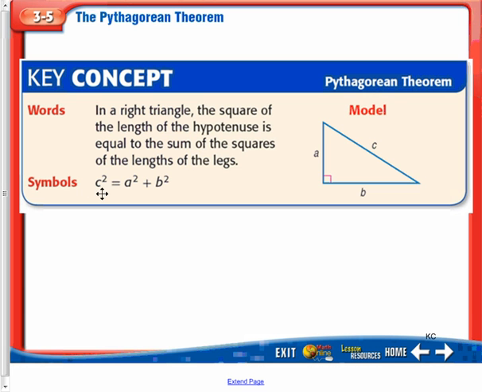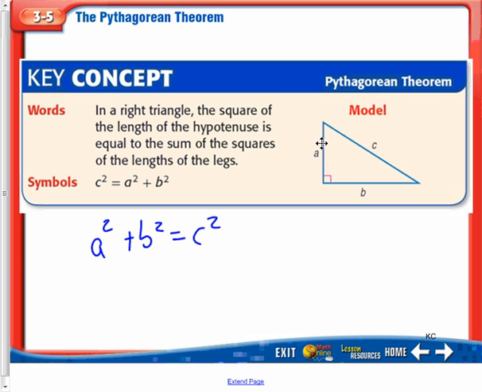The Pythagorean theorem is c squared equals a squared plus b squared, or you can say a squared plus b squared equals c squared, which is most commonly said by mathematicians all over the place. So usually in this order is how you hear it: a squared plus b squared equals c squared, where a is the length of one of your legs.